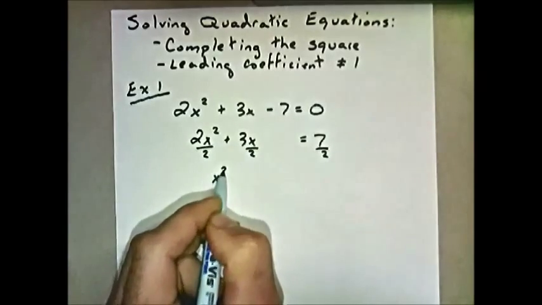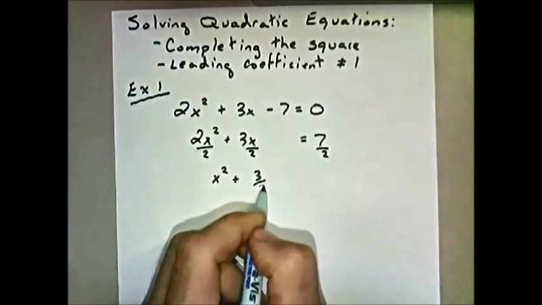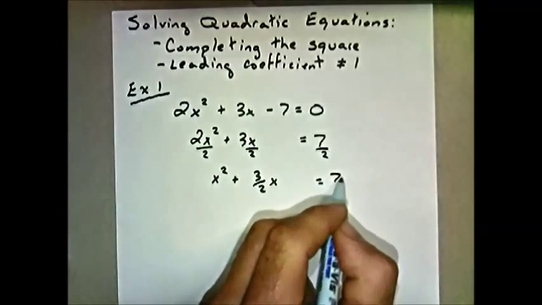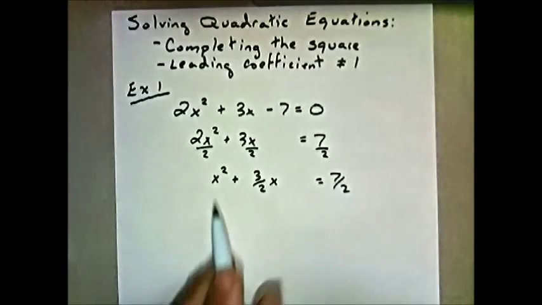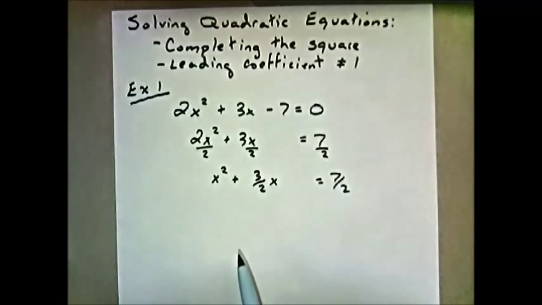So we get x squared plus 3 halves x equal to 7 halves. Notice our leading coefficient is now 1.